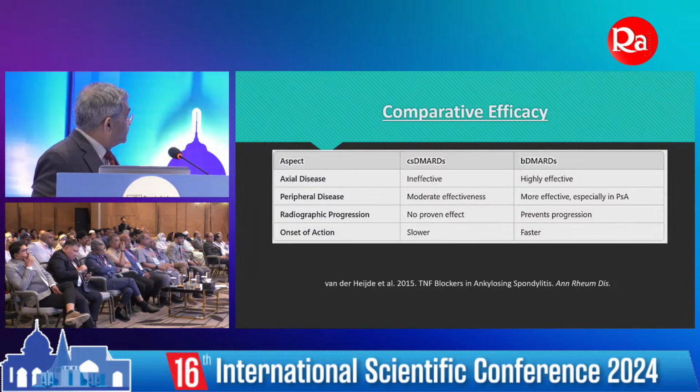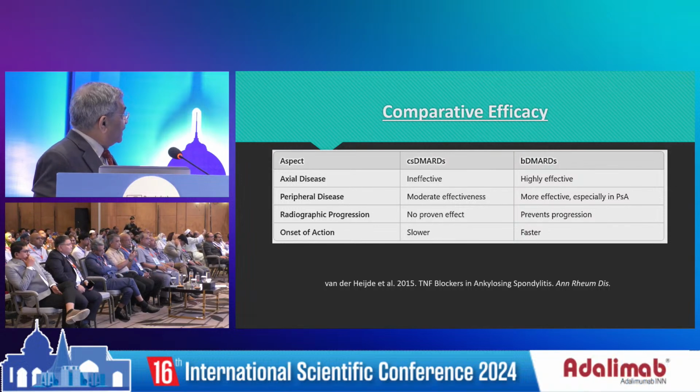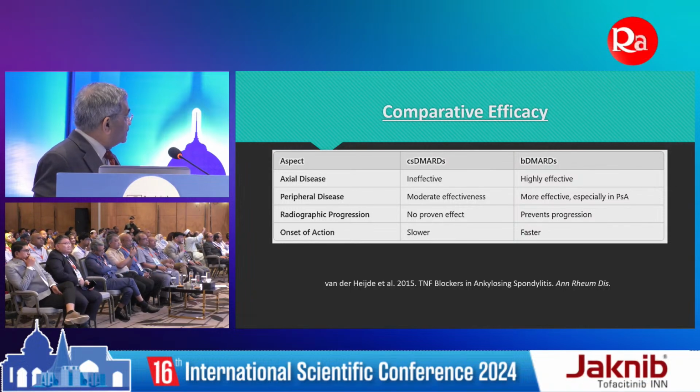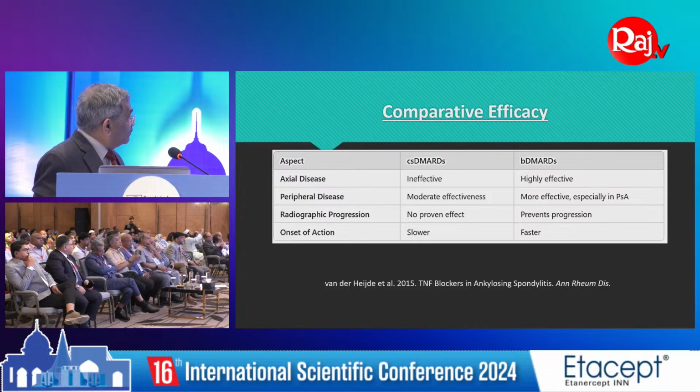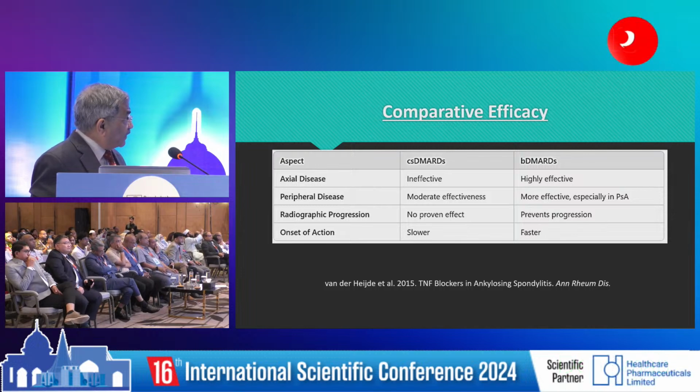So this is probably the table which summarizes that for peripheral disease, the conventional synthetic drugs like sulfasalazine are effective, but only moderately. Biologics are more effective.